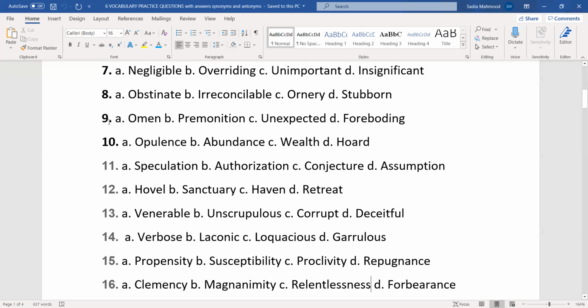Question number 9. Options are A, omen. B, premonition. Option C, unexpected. Option D, foreboding. Question 10. Options are A, opulence. Option B, abundance. Option C, wealth. And option D, hold.